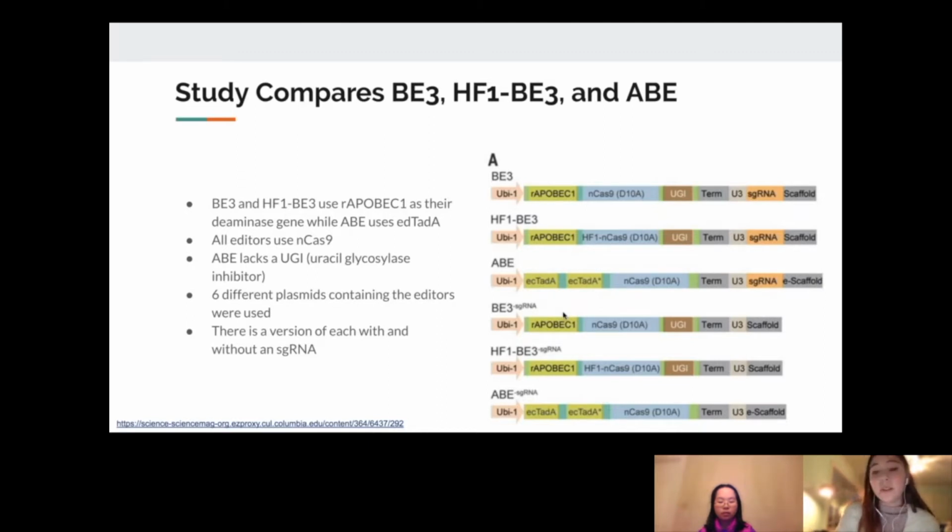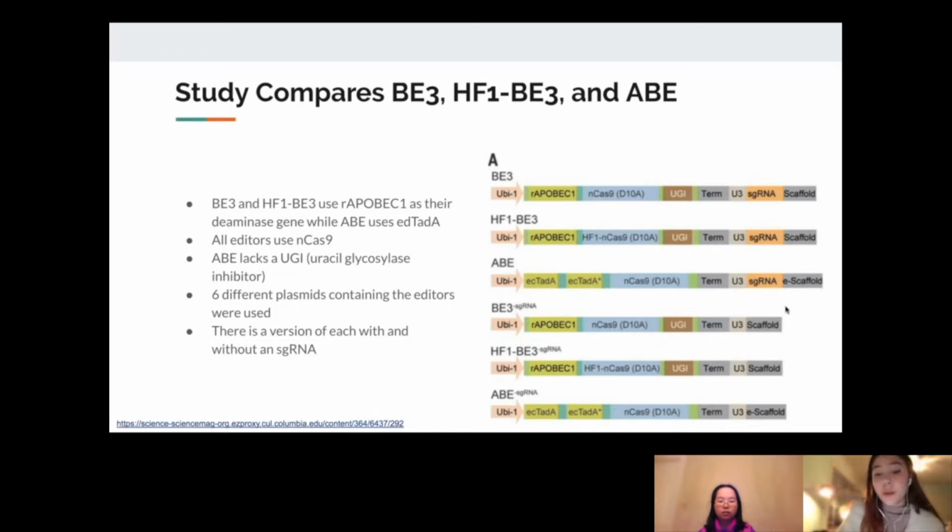The last notable difference between these first three genetic setups is that both of the CBEs have this unit UGI. That's also something that Jenny talked about when we were first comparing these. The UGI is the uracil glycosylase inhibitor. That is notable in that it's present in the CBEs, but not the ABE.